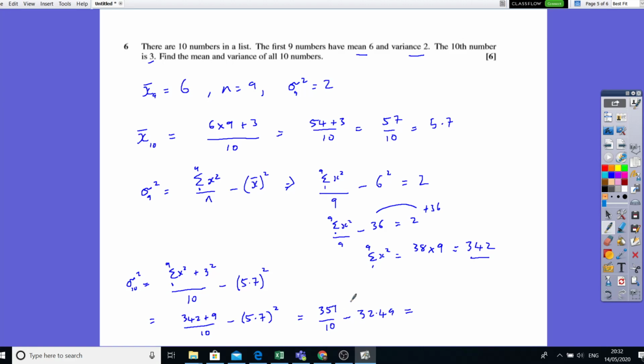Take away 32.49 from there, and we'll get a variance of 2.61. Okay, so that's going to be the variance for the 10 numbers, and this is the mean for all the 10 numbers. Right, okay, Alfonso, hope that helps. See you later, take care, bye.